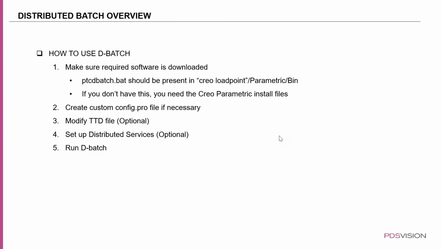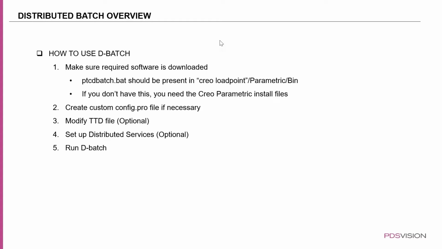Just to repeat the question, it was referring to basically updating 80 engineers up to Creo 8 using the same settings automatically. And there is a way to do that. It's not the topic of this webinar, but I will send you a link to a webinar on that one if we do have it. I'll look into that after this. It's pretty cool as well. Just as you said, different topic.